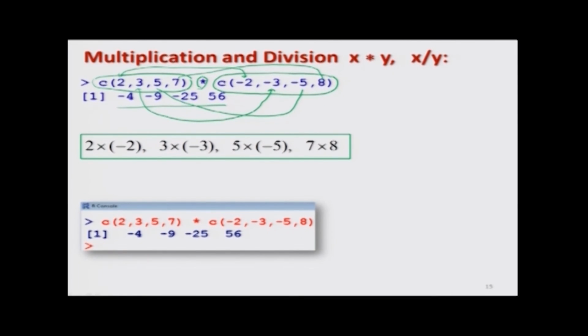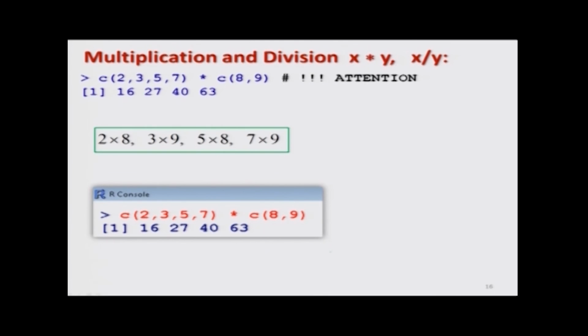We get 2 into -2, 3 into -3, 5 into -5 and 7 into 8. So, when we have vectors of the same length, their respective positions are multiplied together. Okay.